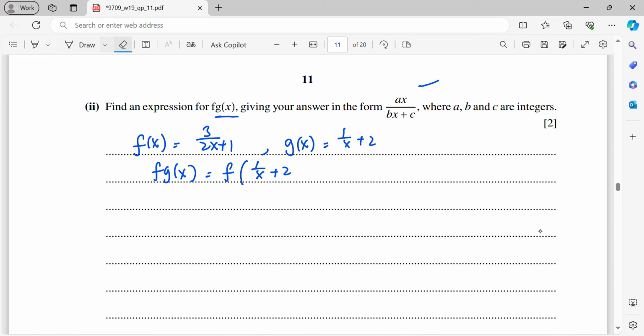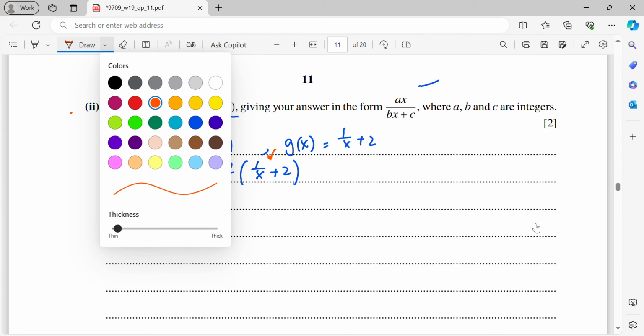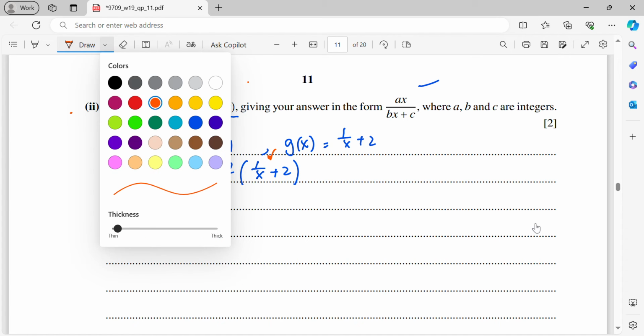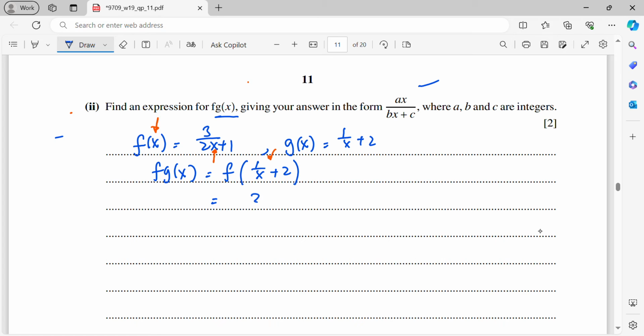Now here, what you need to do is change the x in your f(x) into 1 over x plus 2. So that means I have to change this x accordingly. In other words, my answer will be 3 over 2 times 1 over x plus 2, then plus another 1 at the back.